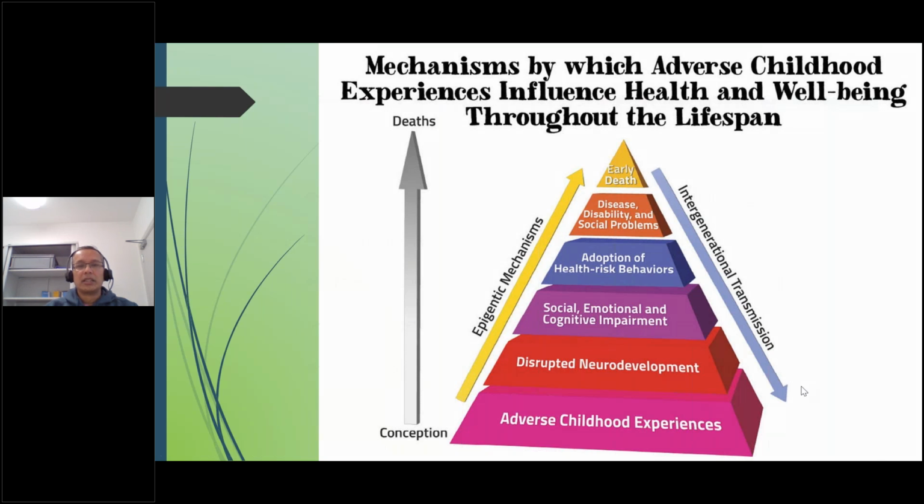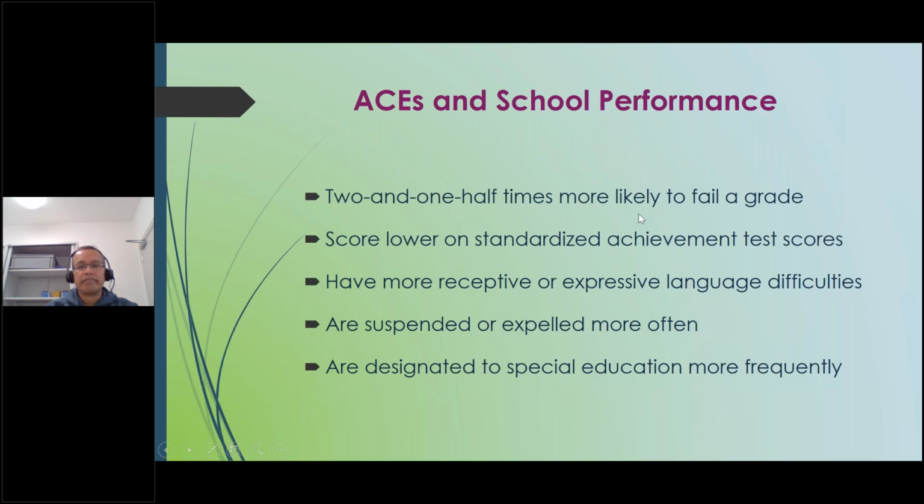Okay, so ACEs and school performance. Again, these children don't engage well in school. They're always getting into trouble, and so even as adult learners, they get into trouble. They are the ones that don't come to all the classes and don't pay attention when they're there. They're the defiant ones, and they don't take instructions easily.